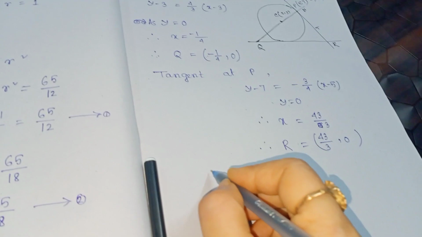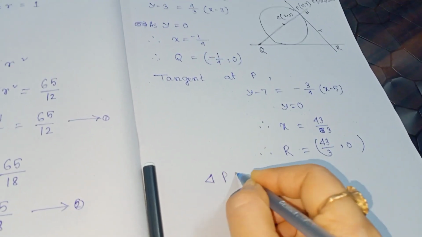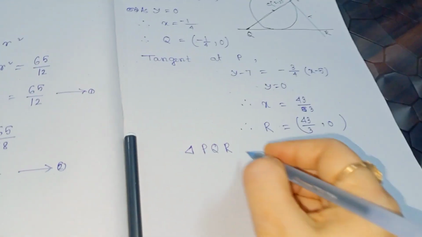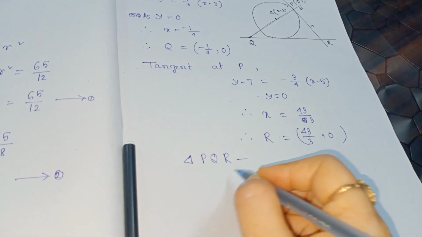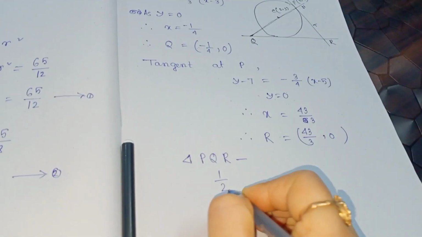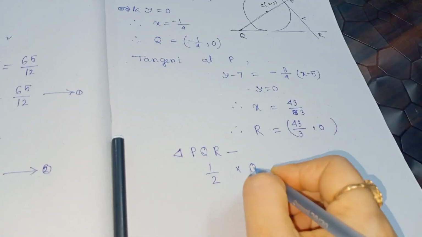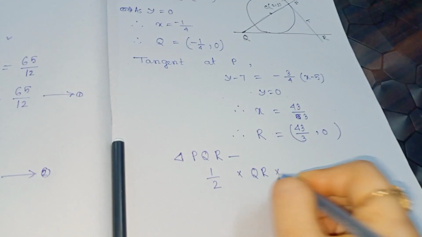Now from the triangle PQR we may say the area is equal to half of QR into 7.